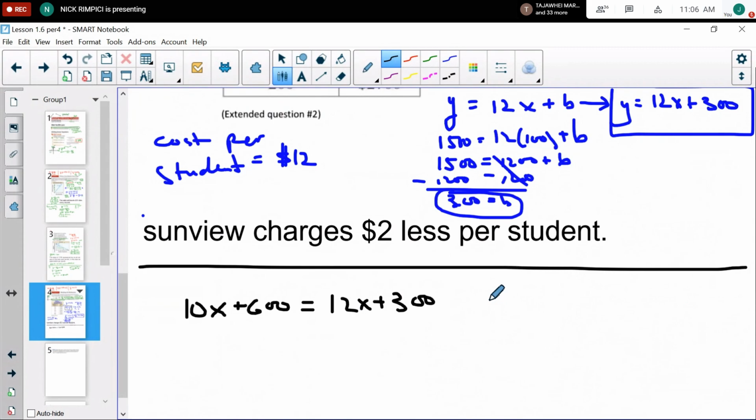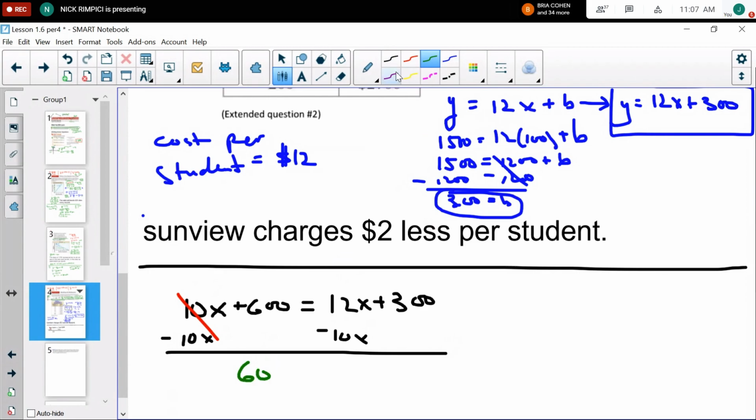So to solve this equation, let's just get the x's together. And we can subtract 10x off of each side, and that will allow these to cancel. What is this, 600? Oops, so used to writing in green. 600 equals 2x plus 300.